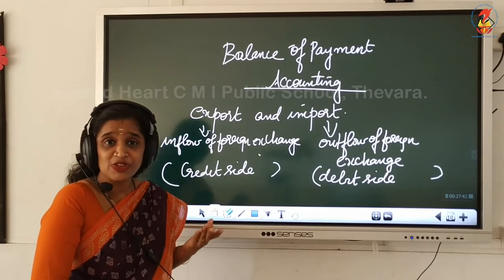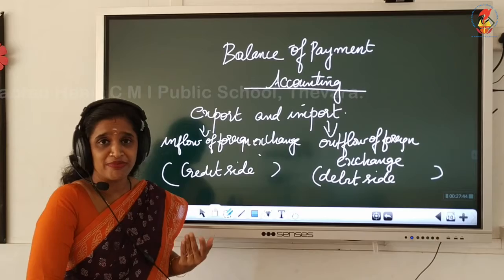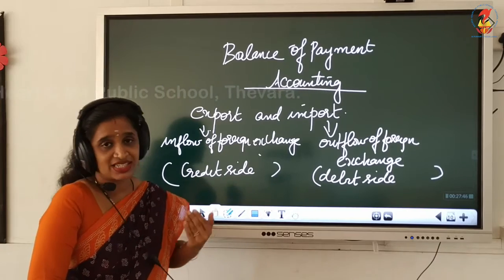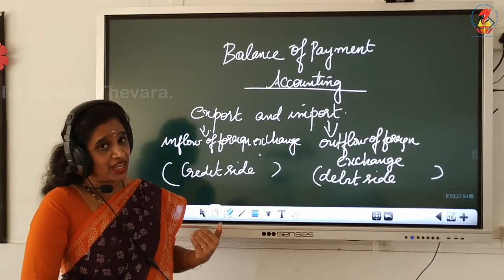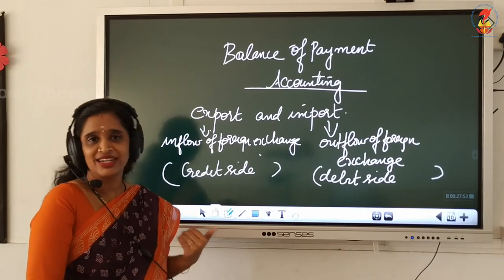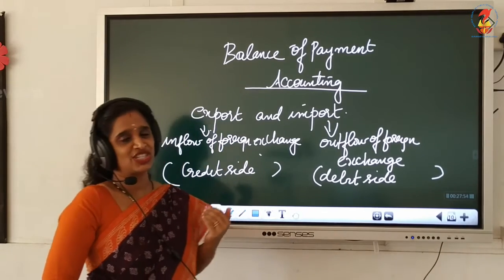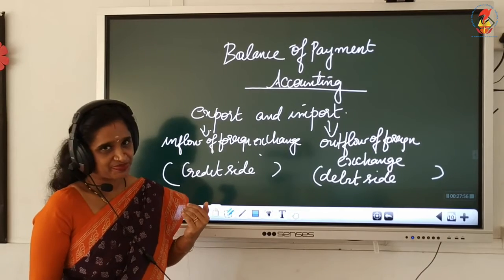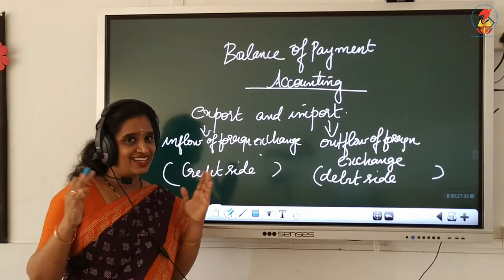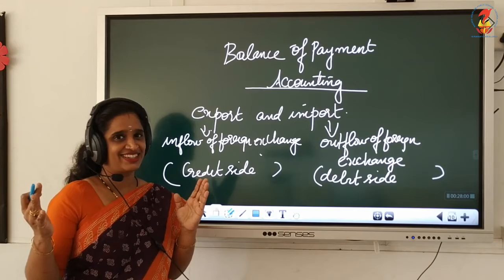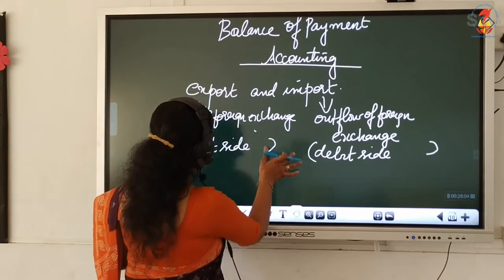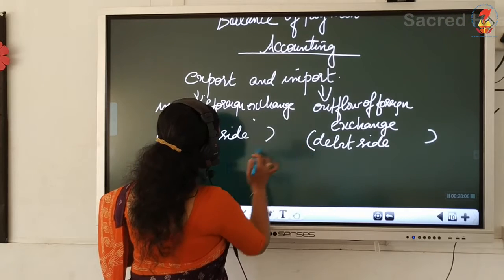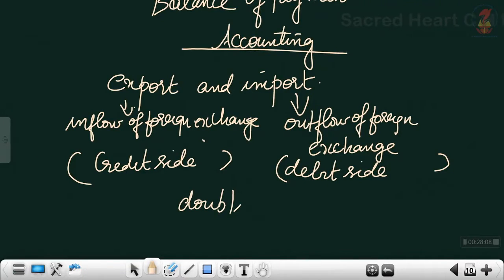That is known as balance of payment. Therefore, balance of payment has two sides, credit side and debit side. The inflow of foreign exchange is credited and the outflow of foreign exchange is debited. Therefore, here we are using the concept of double entry bookkeeping. Am I right? Double entry bookkeeping system.